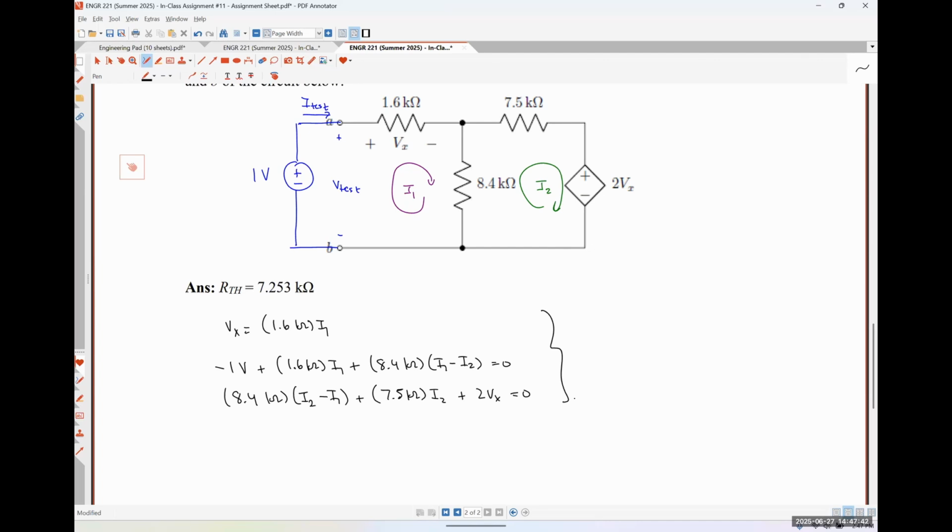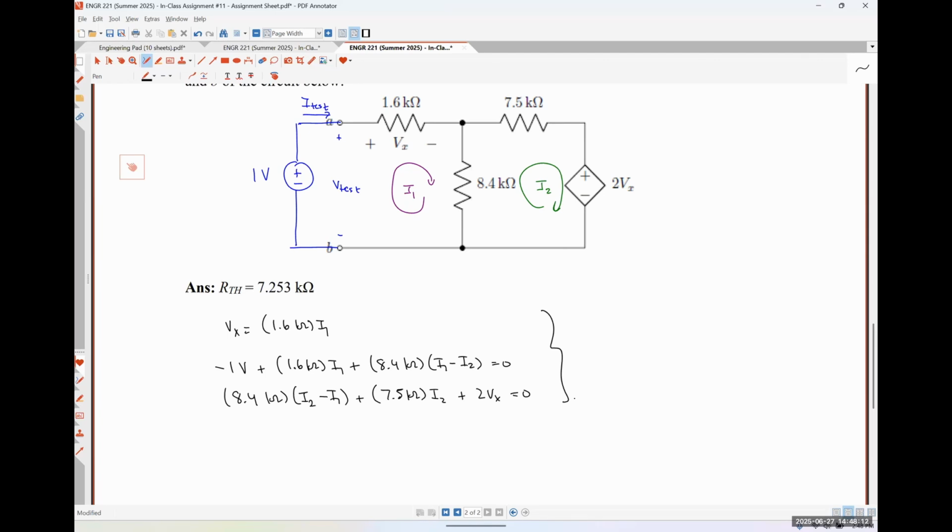My coefficient for I2 is going to be -8400. My coefficient for Vx is 0, and my constant term is 1. And in my third equation, my coefficient for I1 is -8400. My coefficient for I2 is +8400 plus 7500. And my coefficient for Vx is 2. My constant term is 0.